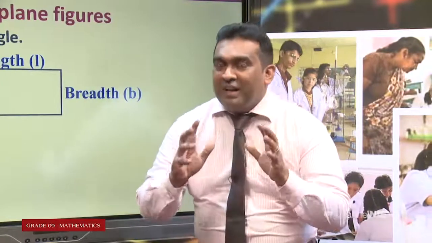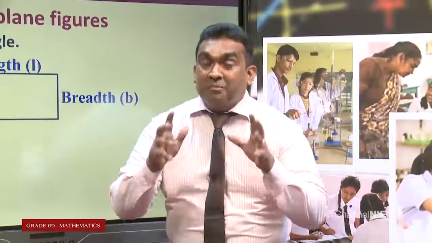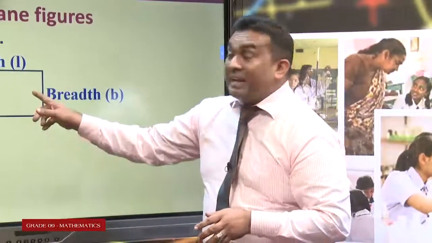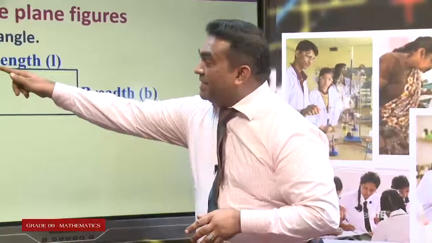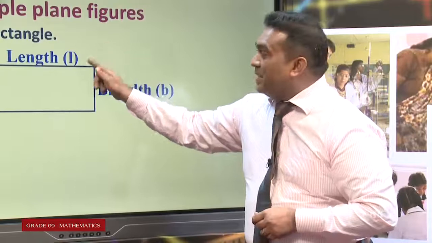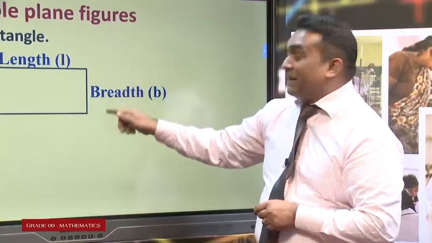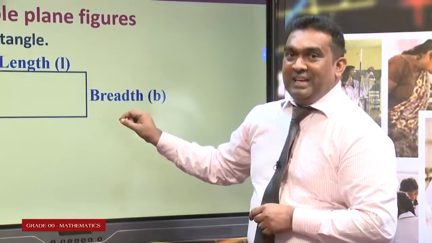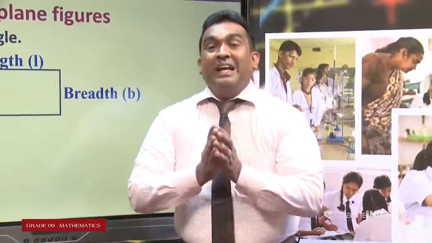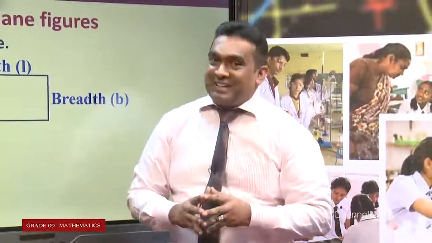If you want to find out the area of a rectangle, you have to take the product of length and breadth. In this rectangle, this is the length, symbol L, and this is the breadth, B. We want the product of length and breadth to get the area of this rectangle.